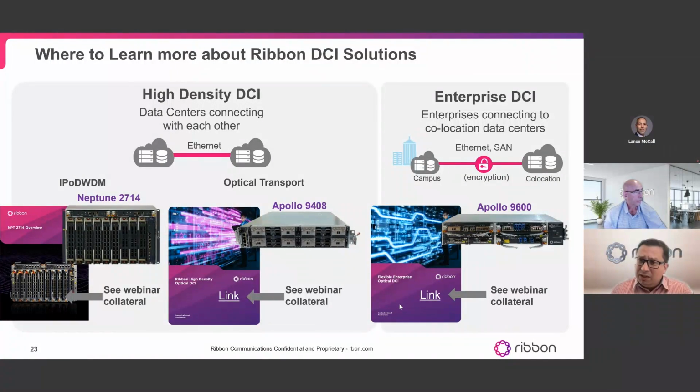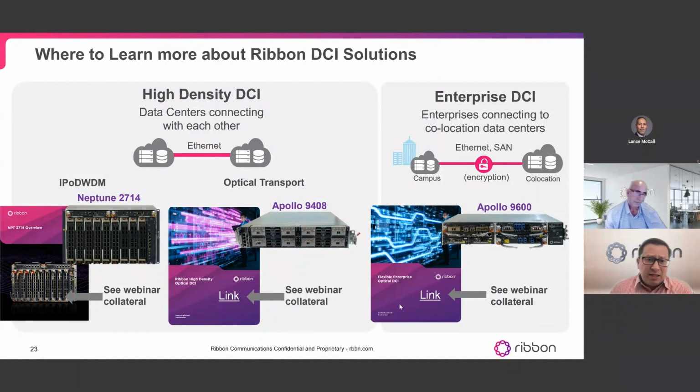So again, flexibility needed. We take advantage of the 9600, which is a very flexible platform. It gives us the ability to provide the performance capabilities that we need, if necessary, with regards to density or capacity, but also provides that LR4, the InfiniBand and fiber channel capabilities for SAN infrastructure, and provides encryption capabilities. So it's a very versatile platform for those type of build outs for enterprise customers.